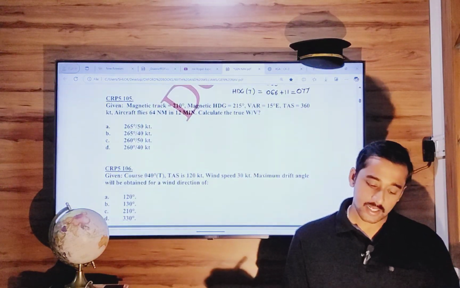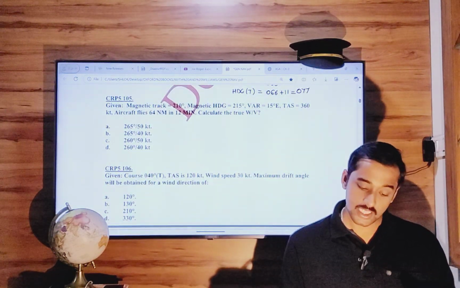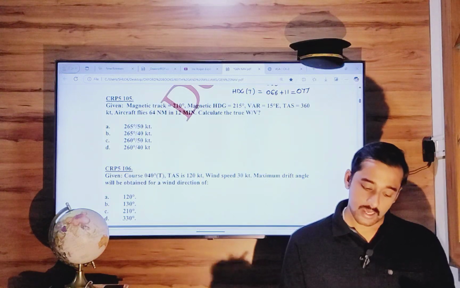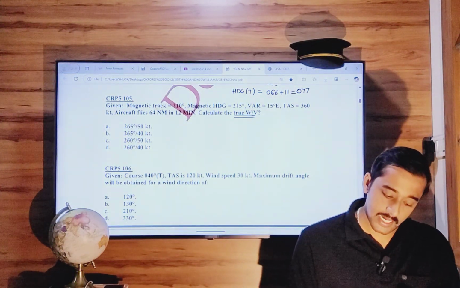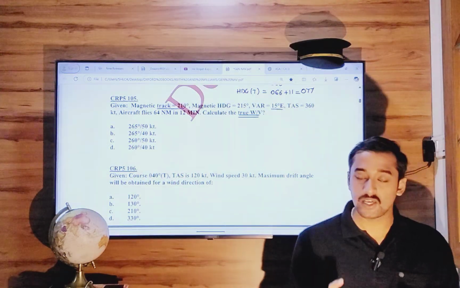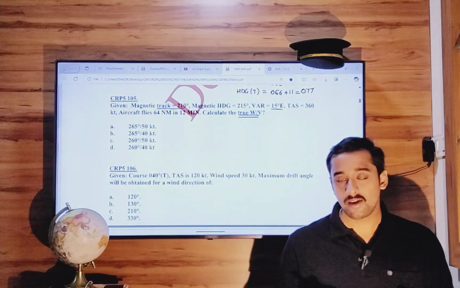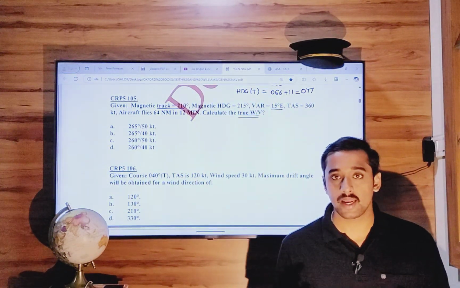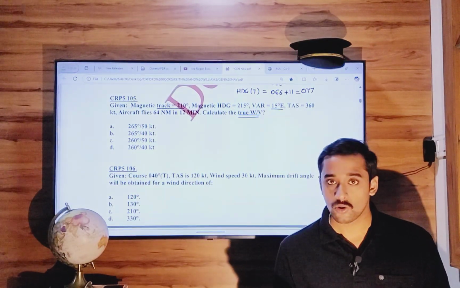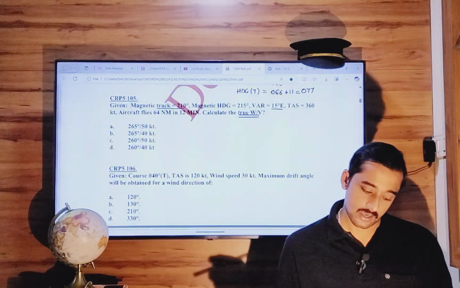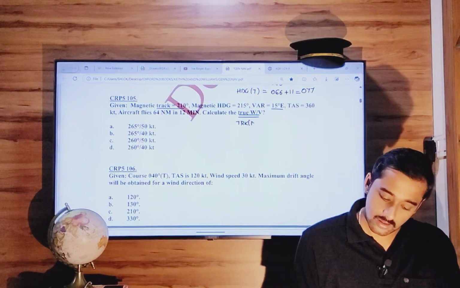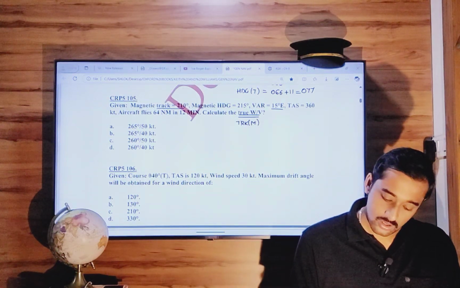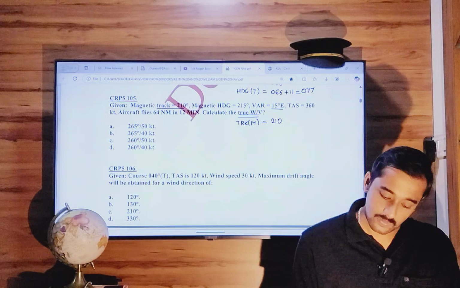Next, magnetic track, magnetic heading, variation task given to you. Calculate true wind velocity. Again, true. Now convert magnetic track into true track using variation 15 east. Whenever there is east variation, magnetic will be less than true, or true will be more than magnetic. So your magnetic track is 210.